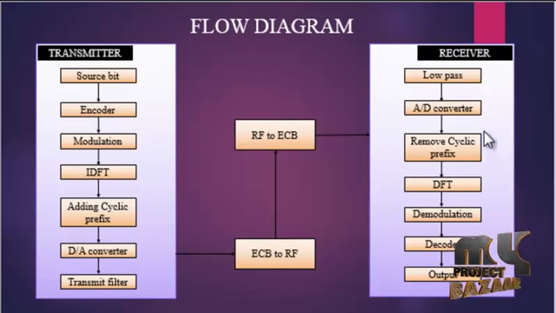Then we remove the cyclic prefix, then perform DFT, then QAM demodulation, then the decoder. A Viterbi decoding algorithm is used. Then the output. By the output function, we are analyzing the performance of the process.